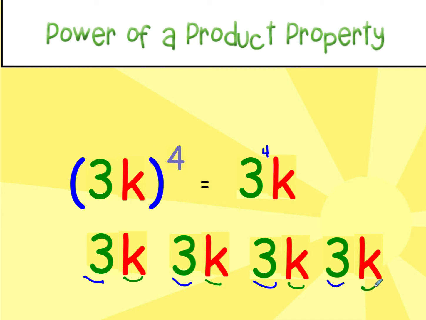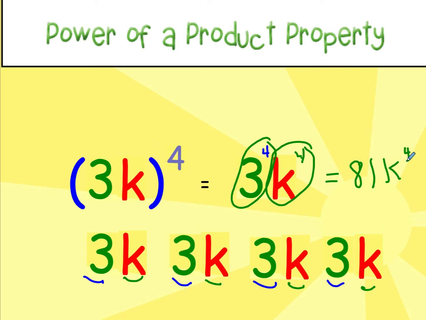So k is being multiplied 4 times. So that means k is to the 4th power, which means I have 3 to the 4th power and k to the 4th power. I can simplify it further by actually doing 3 to the 4th power, which would give me 81 k to the 4th power.